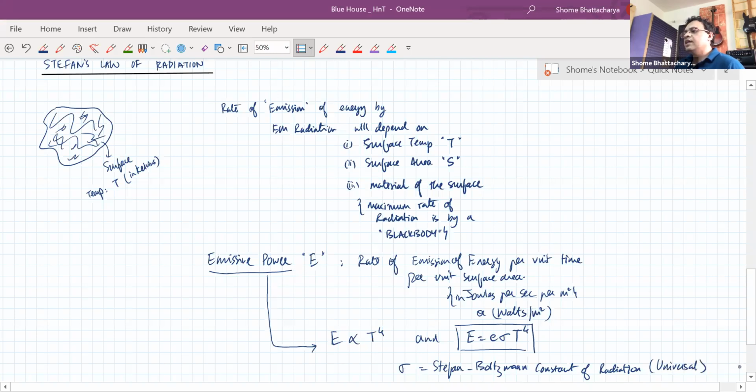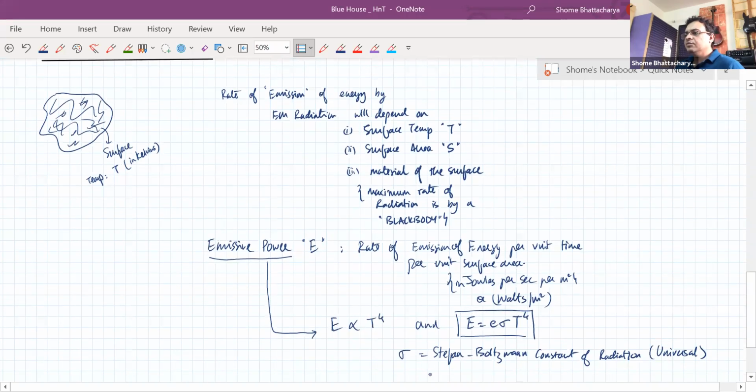Like the universal gas constant, which is the same for all gases, it's a universal constant, and it has an experimentally determined value of 5.67 into 10 raised to the power minus 8 watts per meter square Kelvin to the power 4.